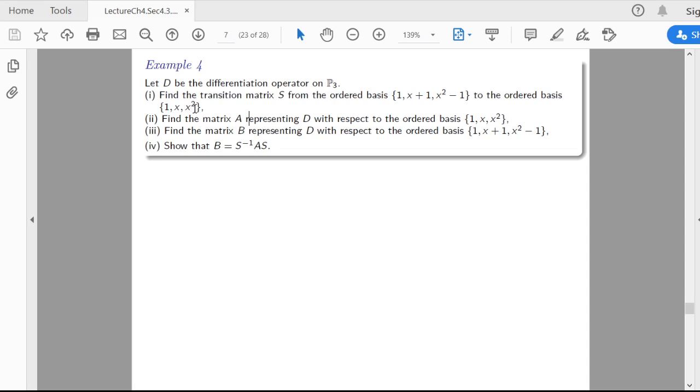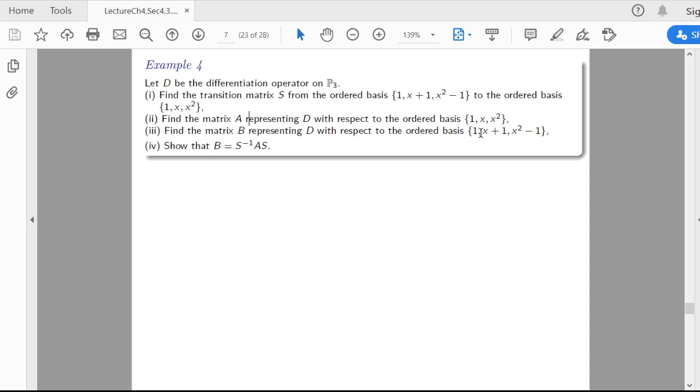Then second, we want to find the matrix A representing D with respect to the ordered basis 1, x, x squared. Then do the similar thing to find a matrix B representing the differential operator D with respect to the basis 1, x plus 1, x squared minus 1.